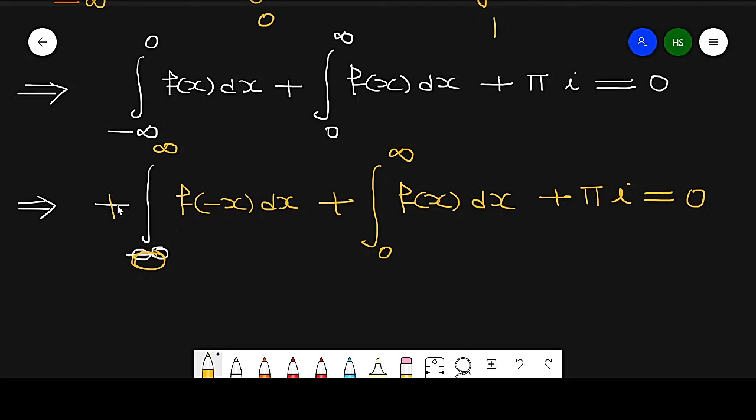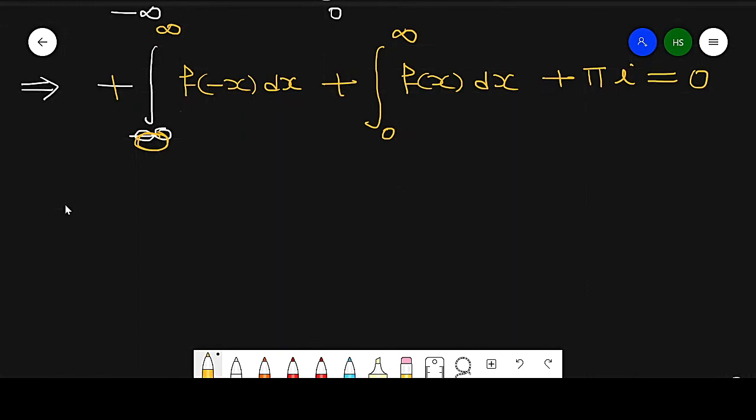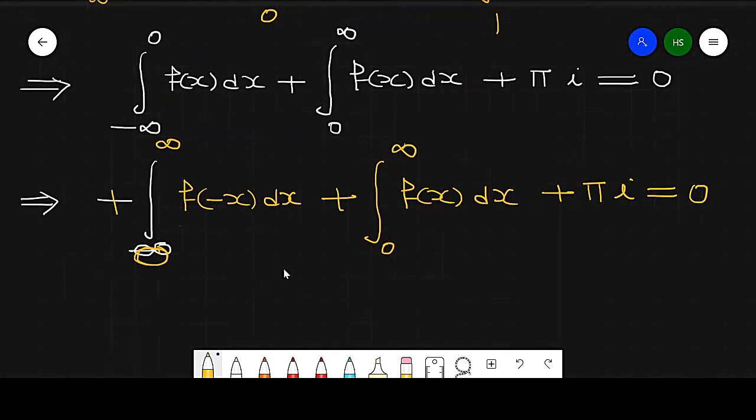Then minus and minus is positive, so it will become 0 to infinity. Now first I just simplify this, so there will be no mistake in calculation.